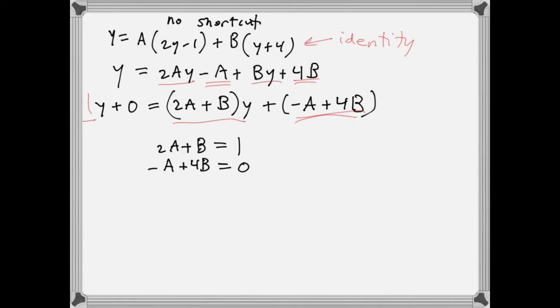We have a couple of ways of doing this. We can use substitution or elimination to solve this, but this right here is a 2 by 2 system, right? So we can solve this. So what I'm going to do is multiply equation 2 by 2, and then I plan to add the equations together after, okay? So here are my new equations now.